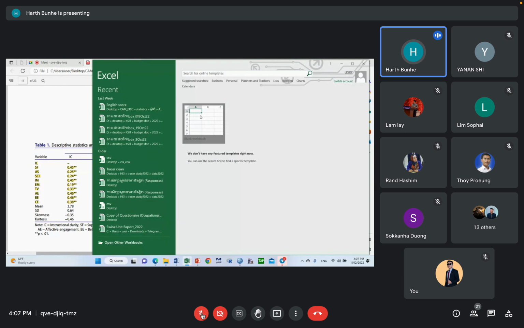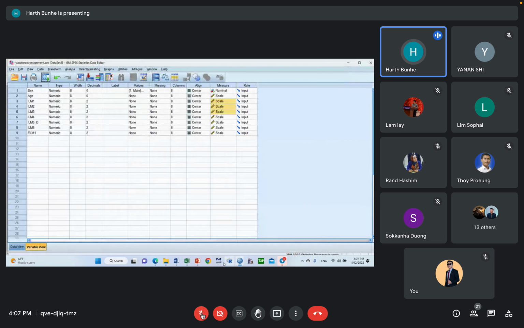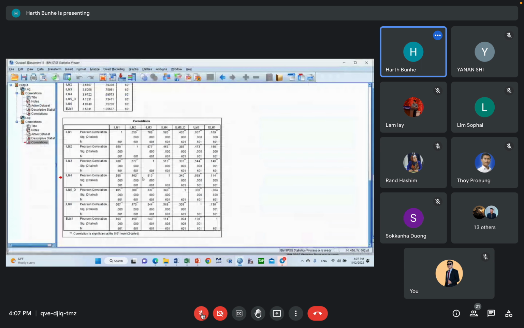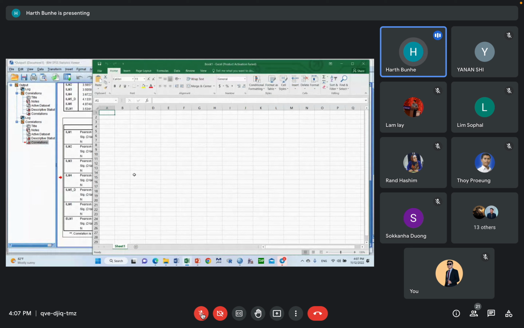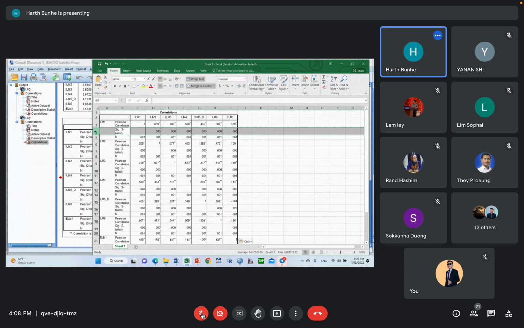Also fine, actually. Let me try first. I think Excel can help you to decorate the table. But if you cannot do it, you can do it by hand sometimes. Fine, you can do it by Excel.